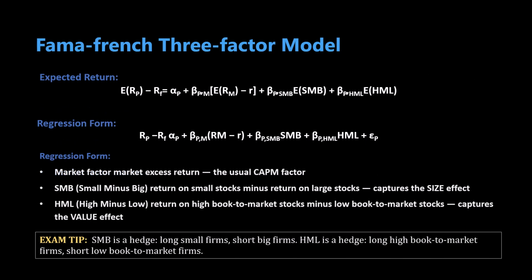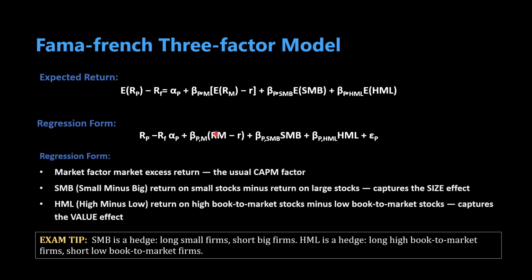We now move to the most famous multi-factor model in empirical asset pricing, the Fama-French 3-factor model. This model extends capital asset pricing model by adding 2 more factors beyond the market factor. The expected return form is given by this relationship.